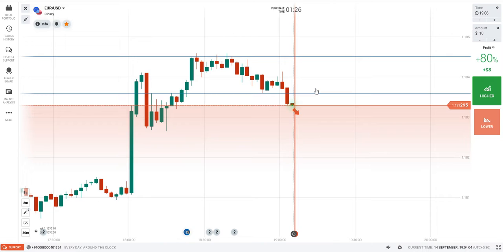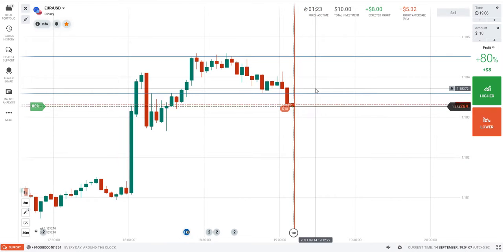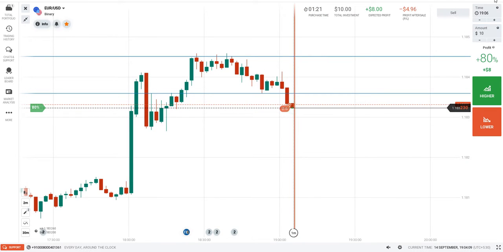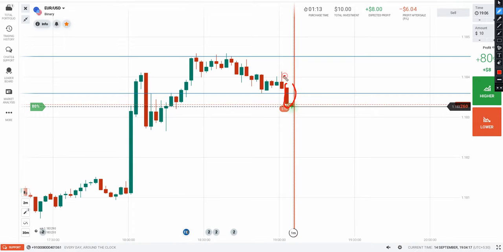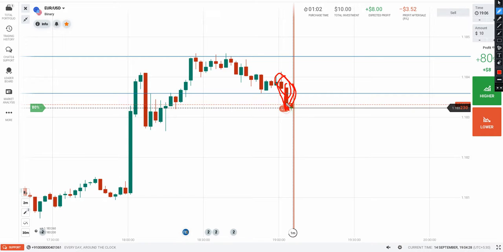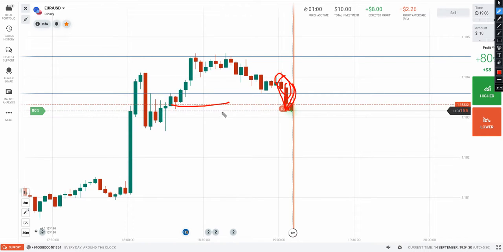So again I'm gonna go with the put option here. I went for a put option here because I saw that there is a strong selling pressure, and these two candles show the momentum for a downtrend, and there is not enough rejection from the buyers from this area.